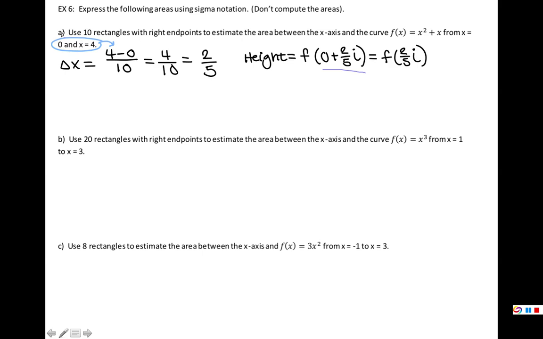So our interval starts at 0. So we take 0 plus delta x, which is 2/5, times I. So there's my f of a plus delta x times I, and that's the same thing as f of 2/5 I.